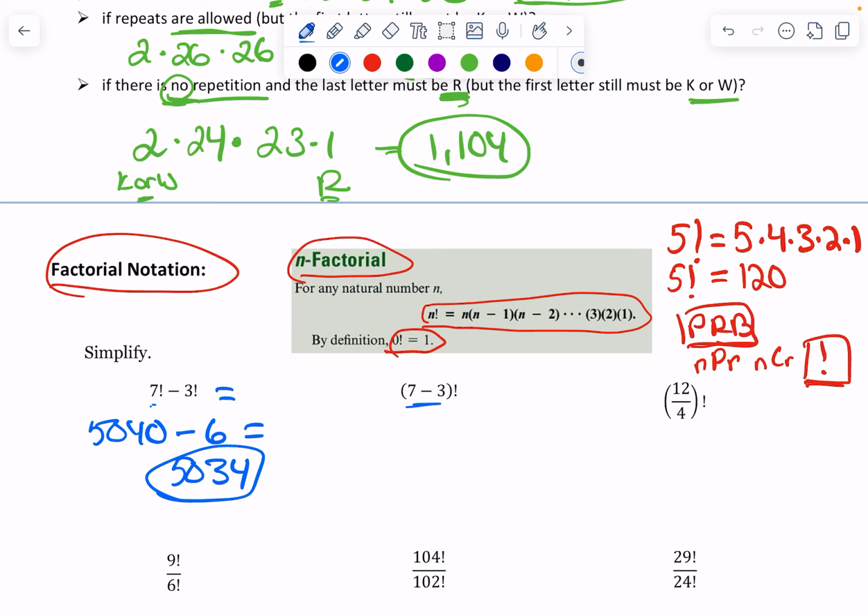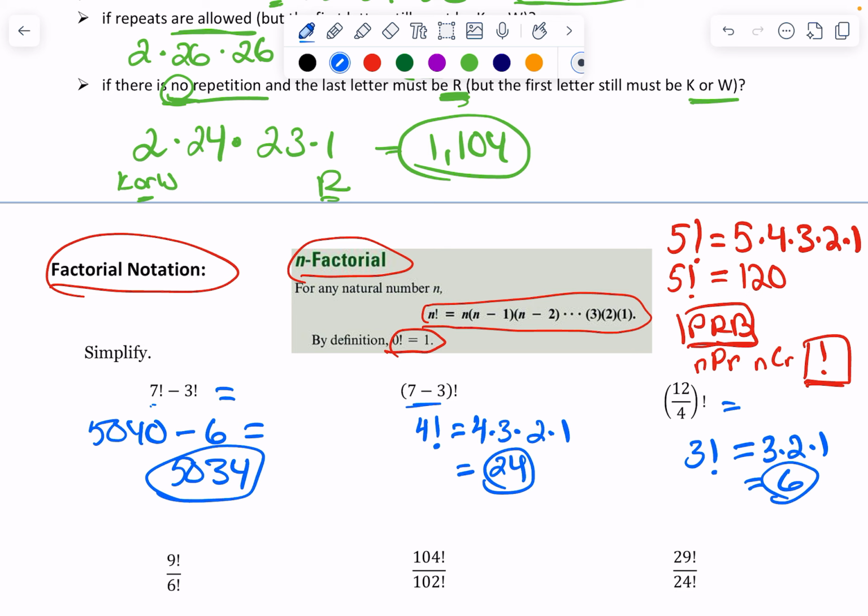This one is 7 minus 3 inside parentheses, so 7 minus 3 is 4 factorial. That's 4 times 3 times 2 times 1, so 4 times 3 is 12, times 2 is 24. Then 12 divided by 4 factorial notation: 12 divided by 4 is 3. So this ends up being 3 times 2 times 1, which is 6.